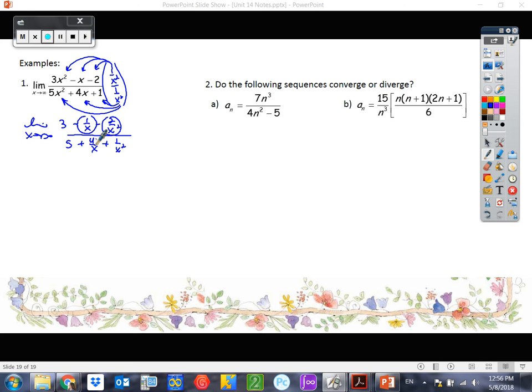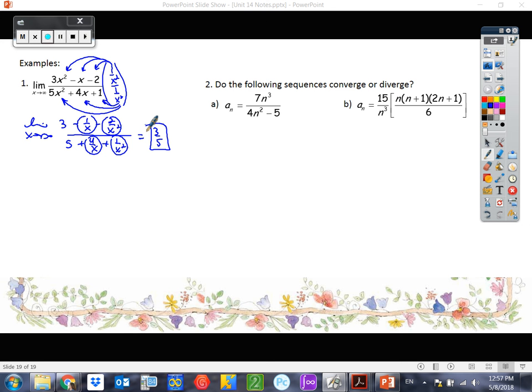So that's going to go to 0 and 0 and 0. I like to circle them so that, in my mind, that tells me, okay, those are 0, and I can know that they're 0. So basically what I'm left with is what this limit is tending to, which is 3/5. Okay, so that's just a reminder on how to do limits to infinity.